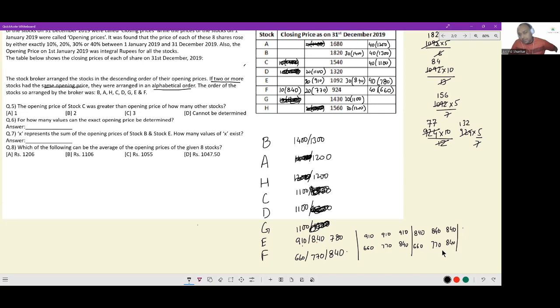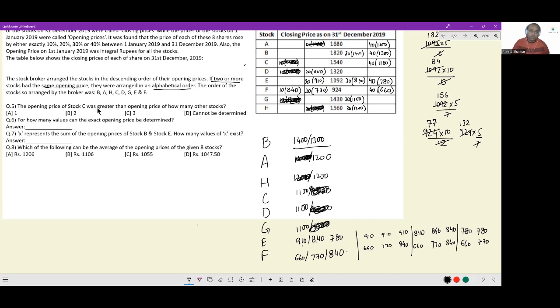But for 780, the only possibilities are 660 and 770. There are 8 cases possible for E and F. And for G, D, C, H, A, I know the precise. And for B, either price is possible. Okay. Let's go through the individual questions.